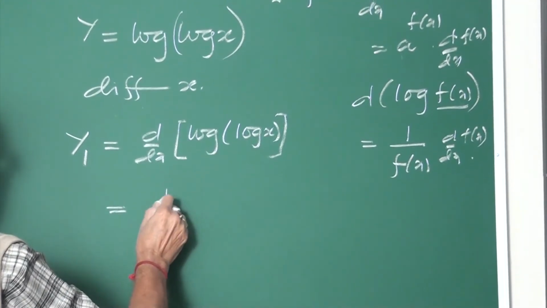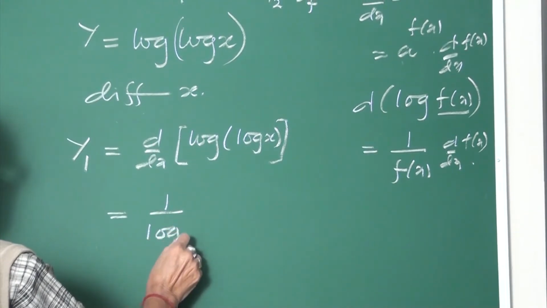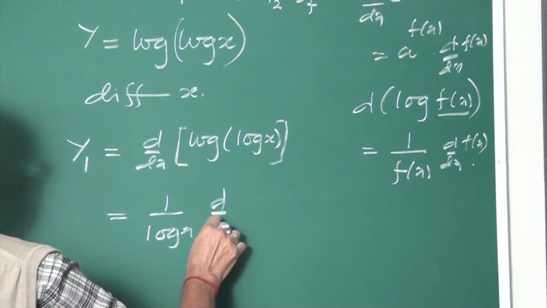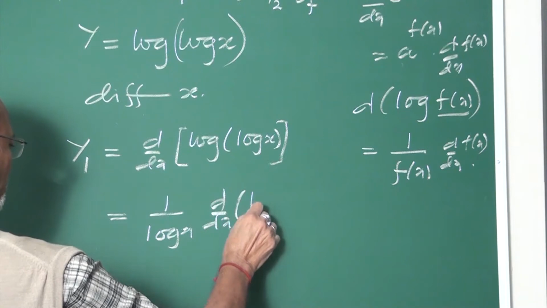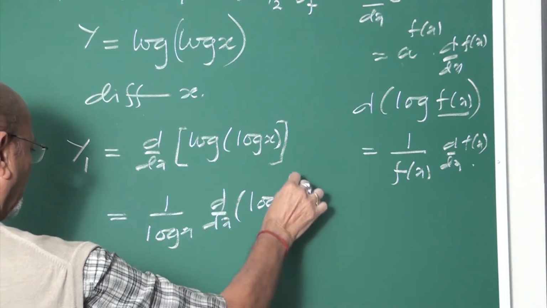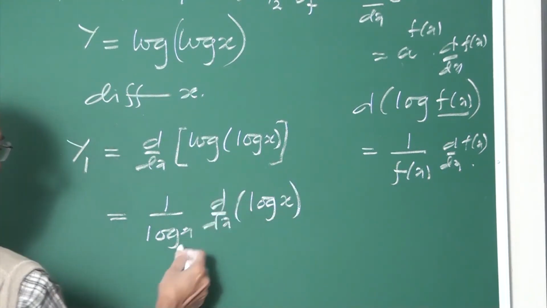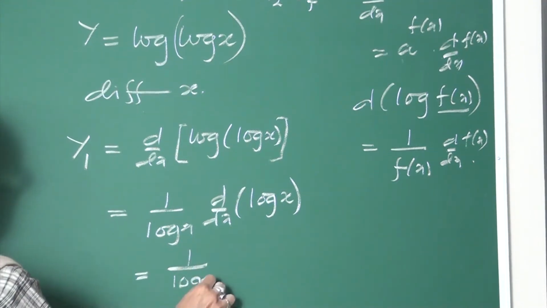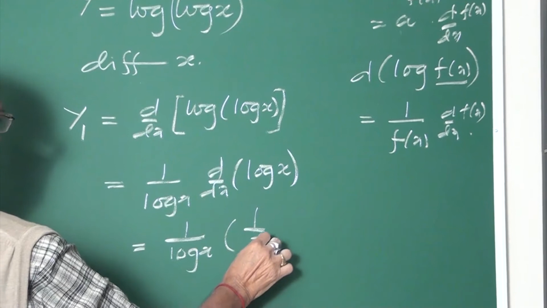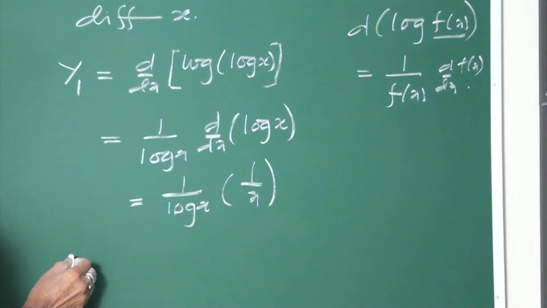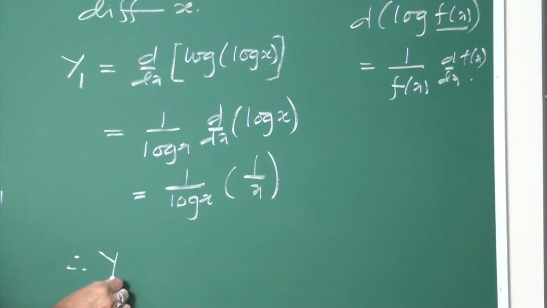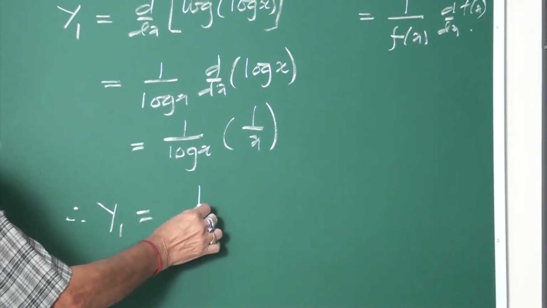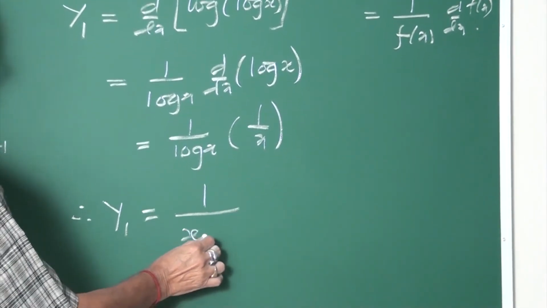It is d by dx of log x equal to 1 by f, f' . If you want, write it; otherwise, directly you can write. This is 1 upon log x into derivative of log x, which is 1 by x. Therefore, first derivative, y1 equal to 1 upon x log x.